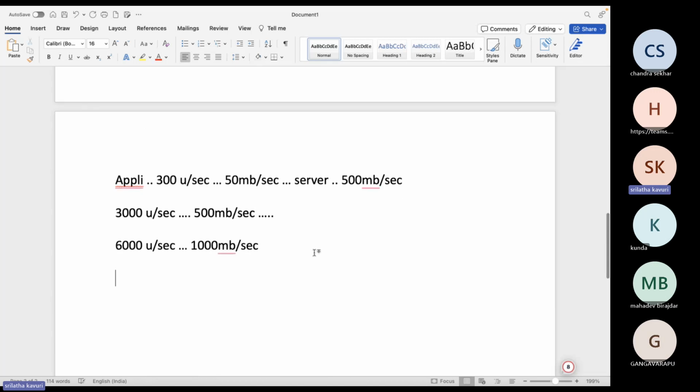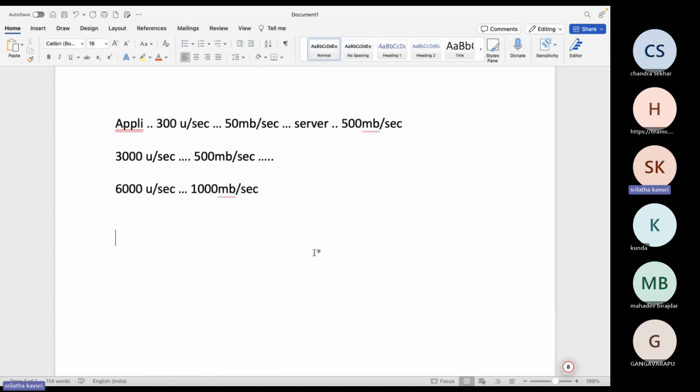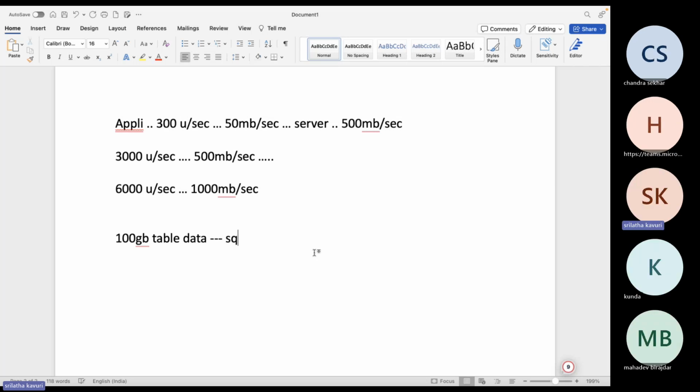Why? Because let's say you just got somewhere around 100 GB of table data or structured data. Just to process or store this 100 GB of data, you will not get 20 or 30 servers, and people don't do it like that. You can just have a single SQL server where you can store your data and do the things, right?